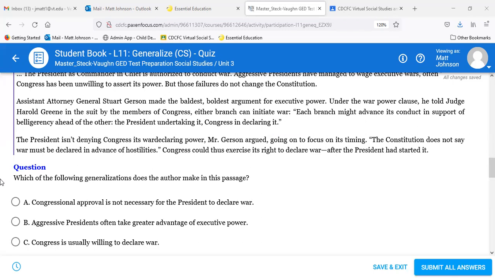The president isn't denying Congress its war declaring power, Mr. Gerson argued, going on to focus on timing, and the Constitution does not say war must be declared in advance of hostilities. Congress could thus exercise its right to declare war after the president has started it.